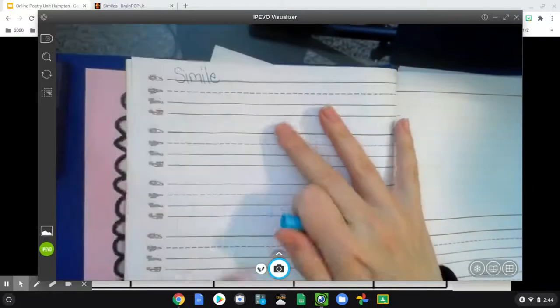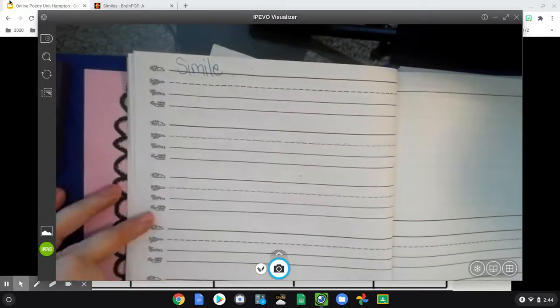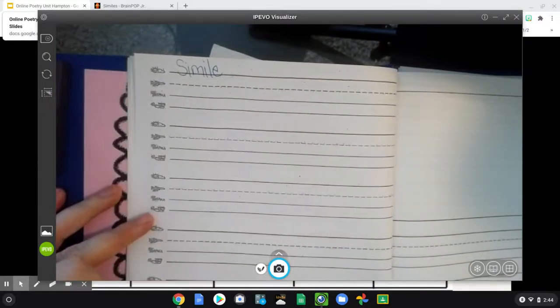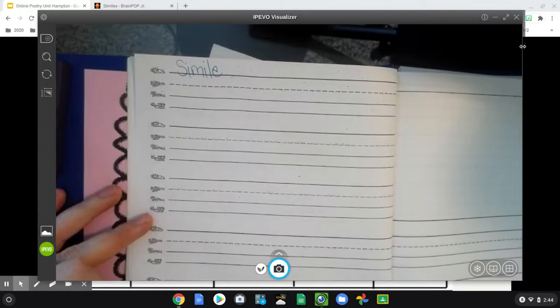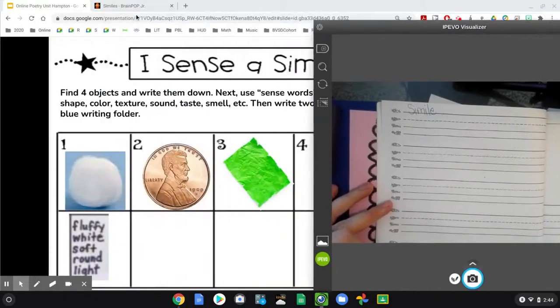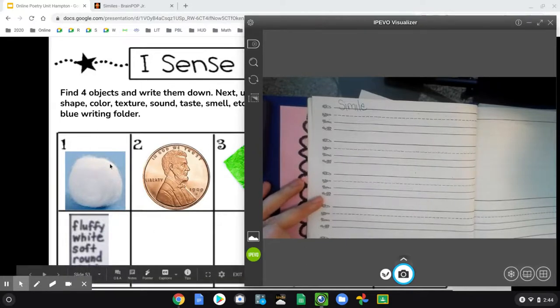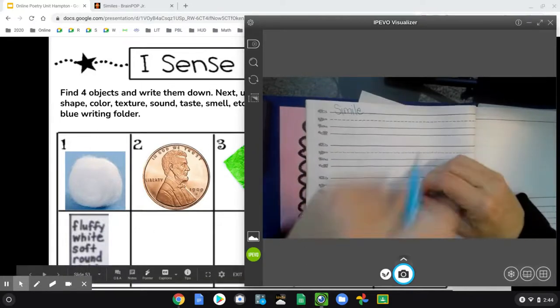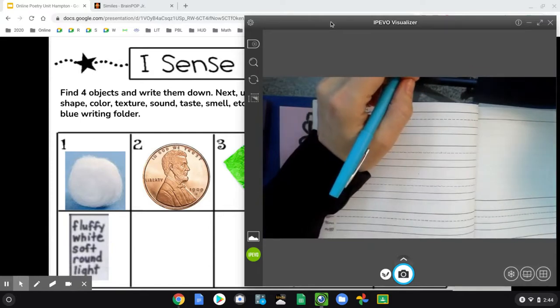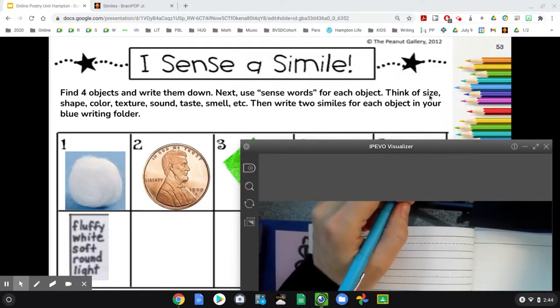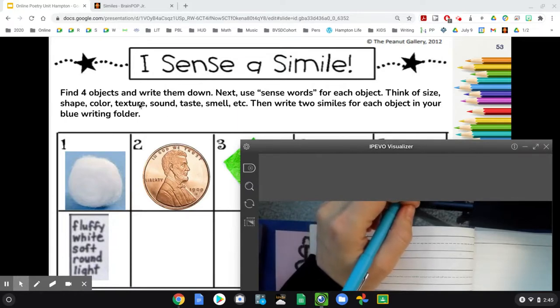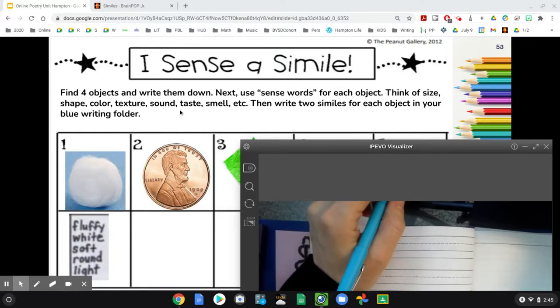Now, Mavs, I'm going to be thinking of 5 senses that I can think of to help support my understanding of the objects we're going to do together. So you can think right here, we've done cotton ball already. So you might think about the way things feel, their size, their shape, their color, their texture, the sound they make, the taste they would have, how they smell, etc.